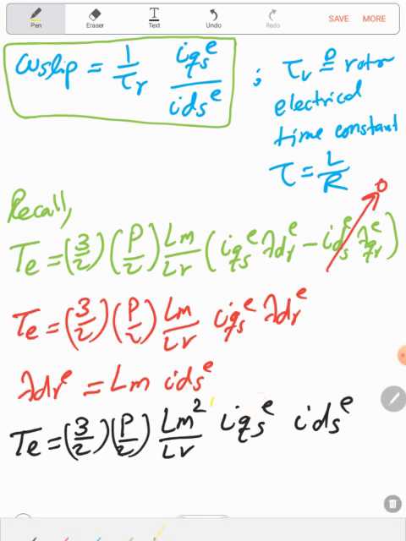Now those are constant, so simply this means that Te is proportional to IQSE IDSE, and it's very interesting actually.